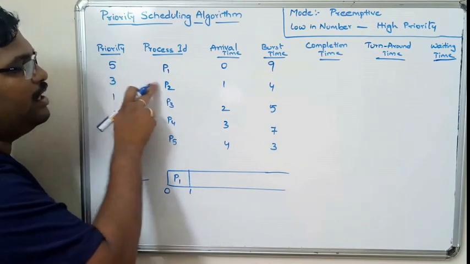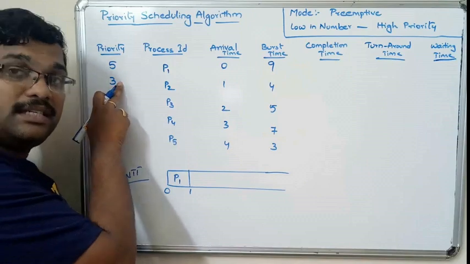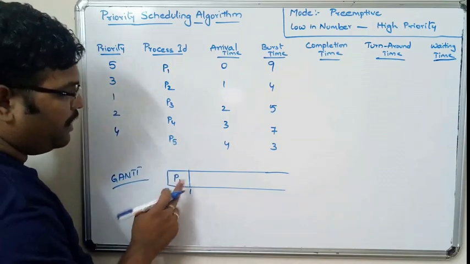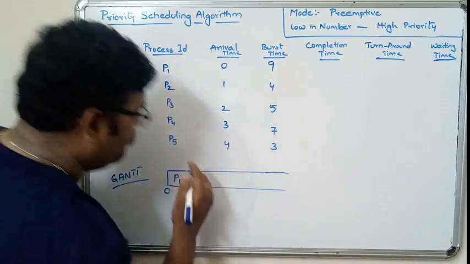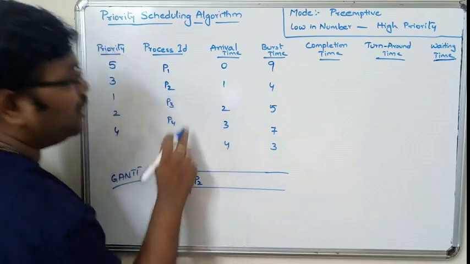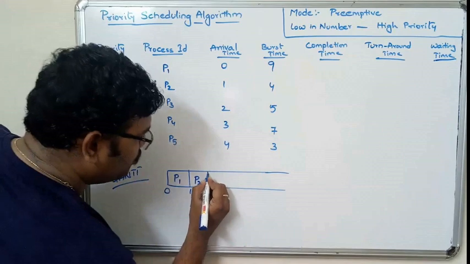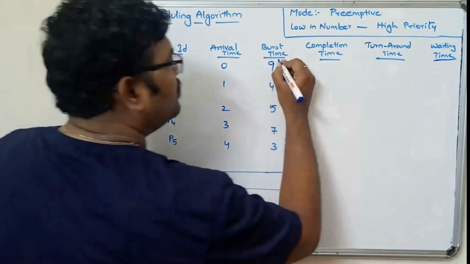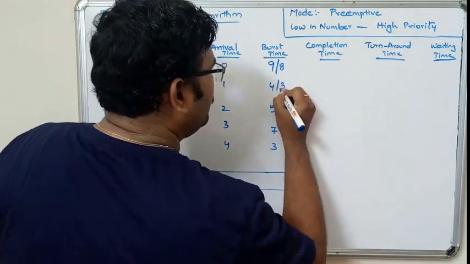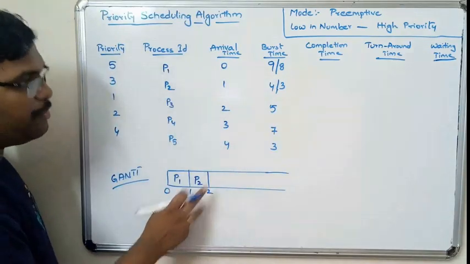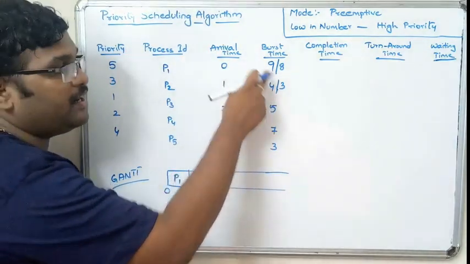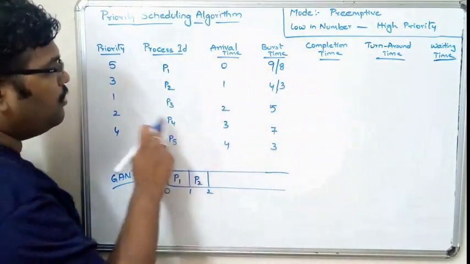P1 has 5, P2 has 3. So P1 is sent back to the ready state and P2 will be allocated to the CPU. Right? So at time 2, here 8, here 3.